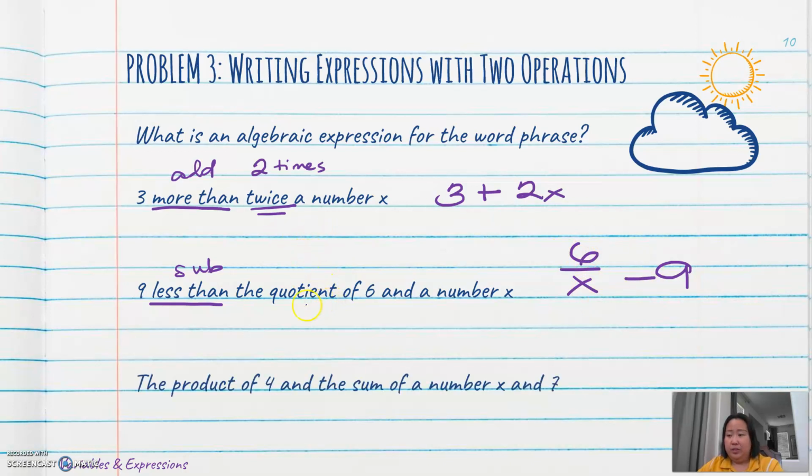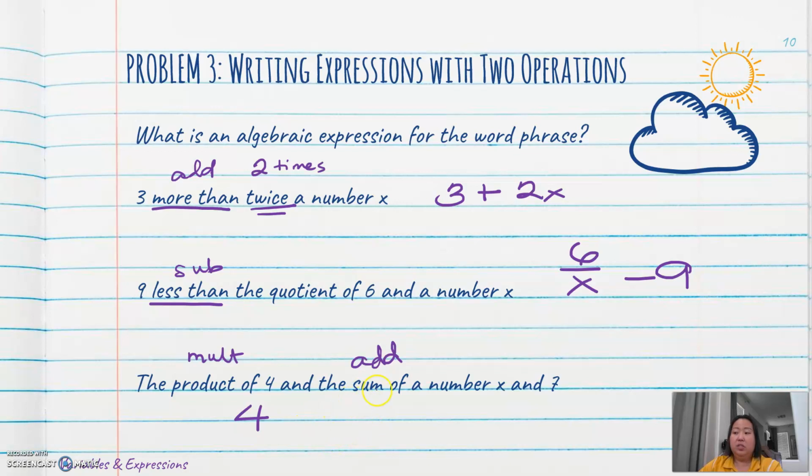And then this next one, the product of 4 and the sum of a number x and 7. So we know that there will be multiplication involved, and because of the word sum, we have to add. So we are going to multiply 4, and what will be the multiplier here?